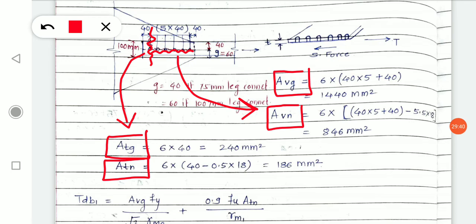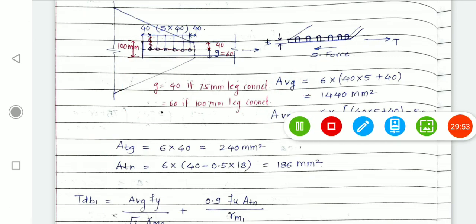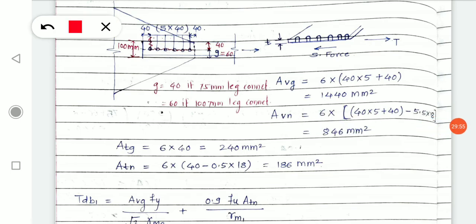And what is gross and net? You already know. In the gross area we neglect the holes. In the net area we reduce the area of the holes from our calculation. Now let's see the calculation part. Let's start with the AVG. I am taking the cross-sectional area of this part.